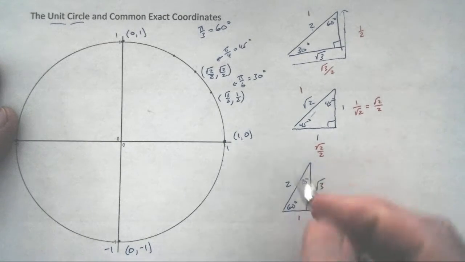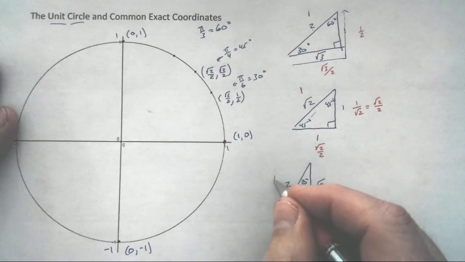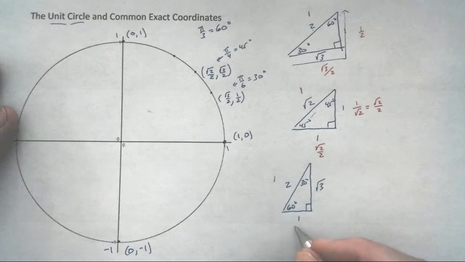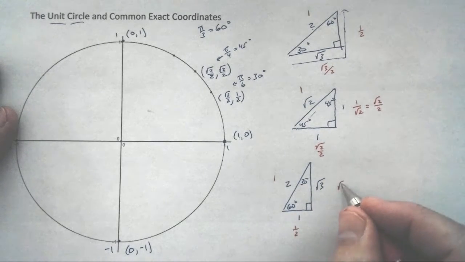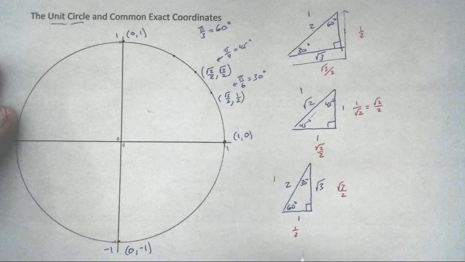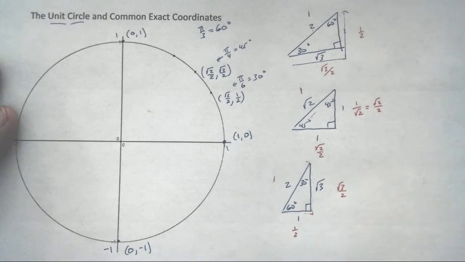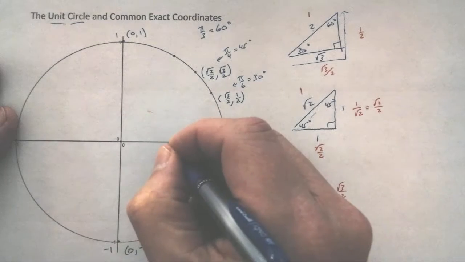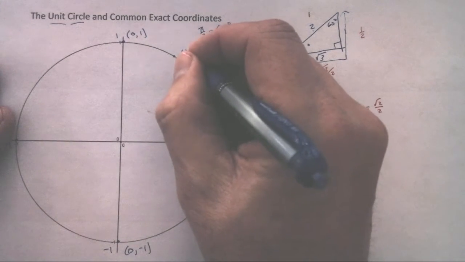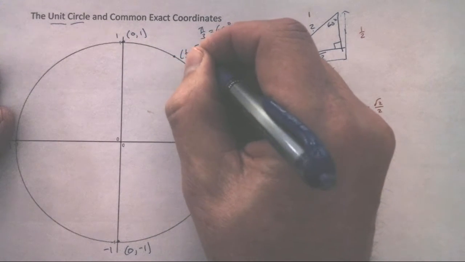But the hypotenuse needs to be 1. 2 is to 1, as 1 is to 1/2, as √3 is to √3 on 2. So to get up to this point, I go over 1/2 and up √3 on 2.